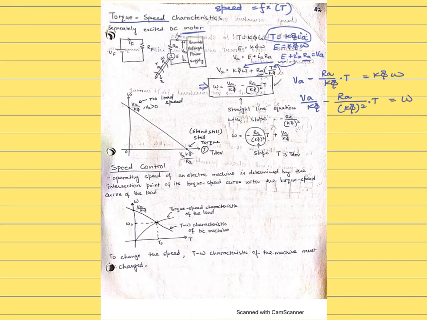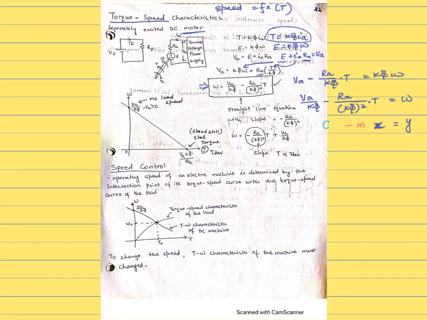That's the required equation. You can see that's your Y, and this is your X, and let's say this is M and this is C. This is the equation of a straight line where you see a negative slope.